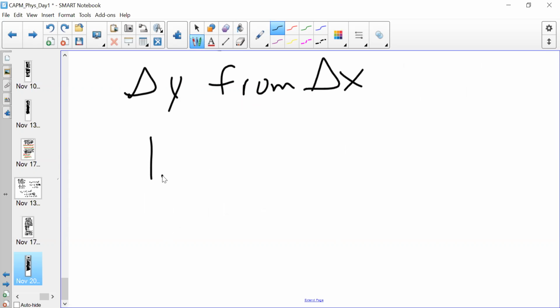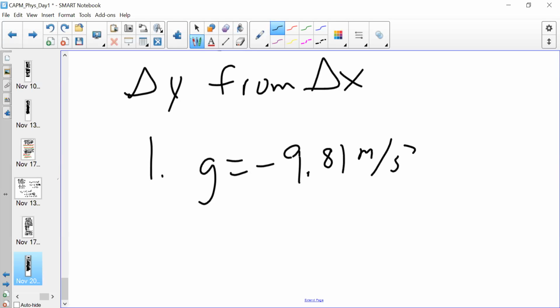So the thing that we know on these questions is the acceleration of gravity. They will hardly ever tell you this number because they assume you know it, since you are in the vertical direction. So that's what we can write down as a given. We have a time of 4 seconds.